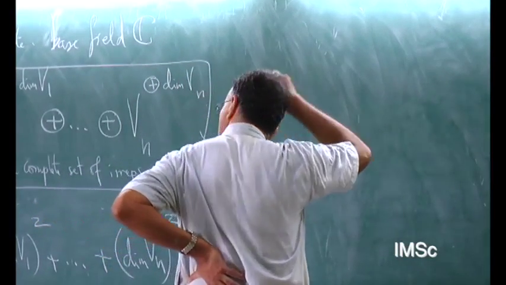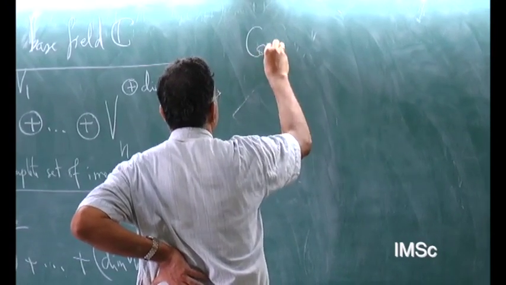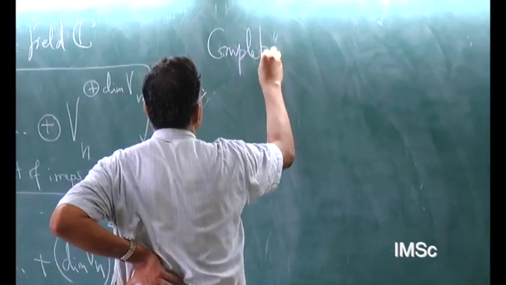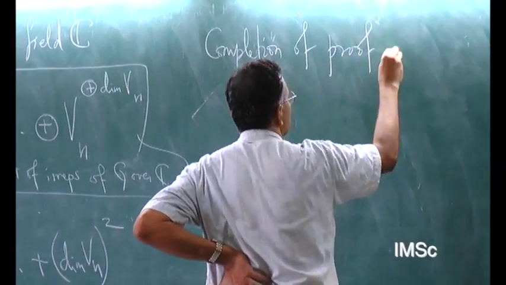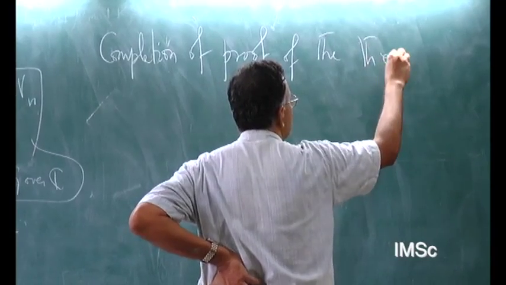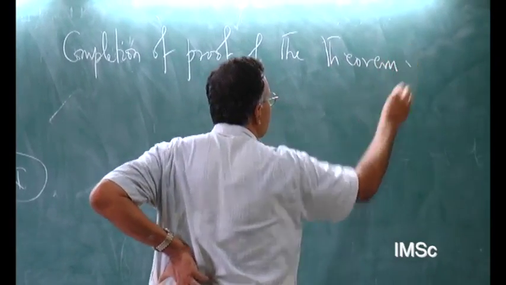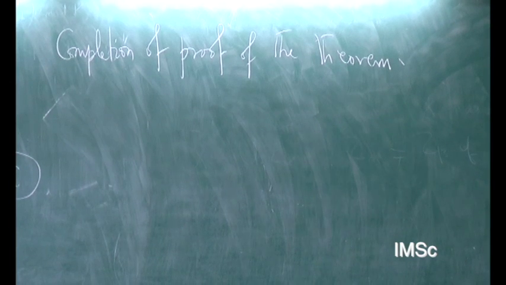Okay, so let's do the completion of the proof of the theorem. The theorem meaning our basic theorem that irreducible characters form an orthonormal basis for the Hilbert space of class functions.